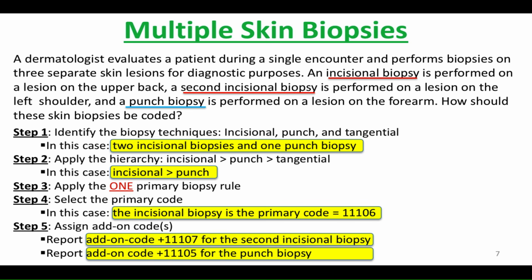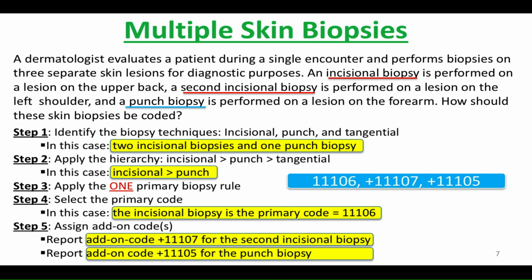That said, the correct codes to assign for this case are 11106 for the incisional biopsy on the upper back, plus add-on code 11107 for the second incisional biopsy on the left shoulder, and add-on code 11105 for the punch biopsy on the forearm.